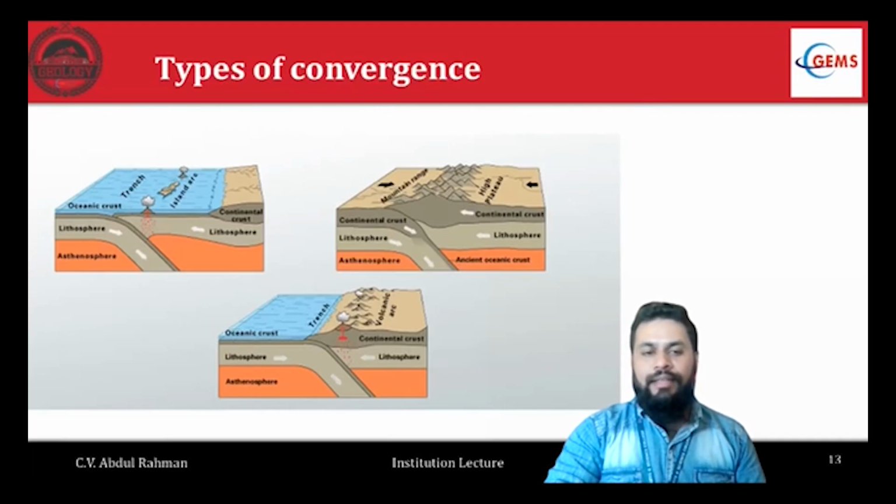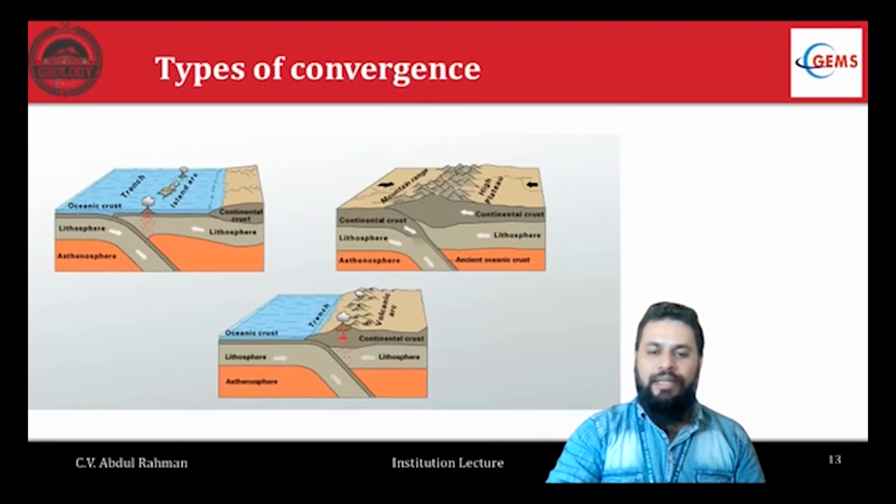Okay. Another kind of plate convergence is continental convergence. Two continental plates converge, especially in the case of the Indian plate and Eurasian plate, which is the best example for continental convergence. Continental plates are less dense than oceanic plates, so these two plates collide and override each other.